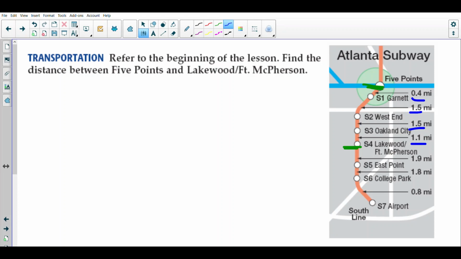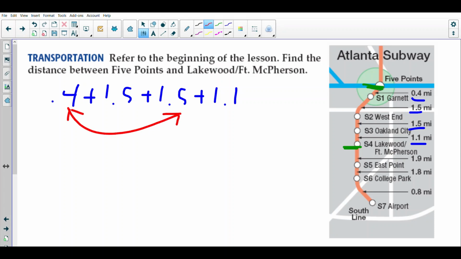If I take those and go 0.4 plus 1.5 plus 1.5 plus 1.1, I can switch this around to make numbers easier to work with. I'm going to switch 0.4 and 1.5, so I get 1.5 plus 1.5 plus 0.4 plus 1.1.